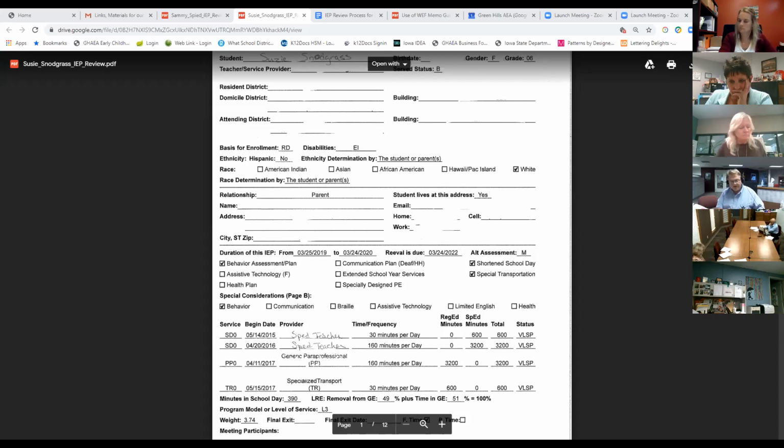Glancing at page F, we had 30 minutes a day of SDI math, 160 minutes per day of small group behavioral SDI. Both of those were in a special education setting, but that's the SDI, and when you look at the number of minutes per day, that comes out at about 49% of the day, and so that would be 2 points.